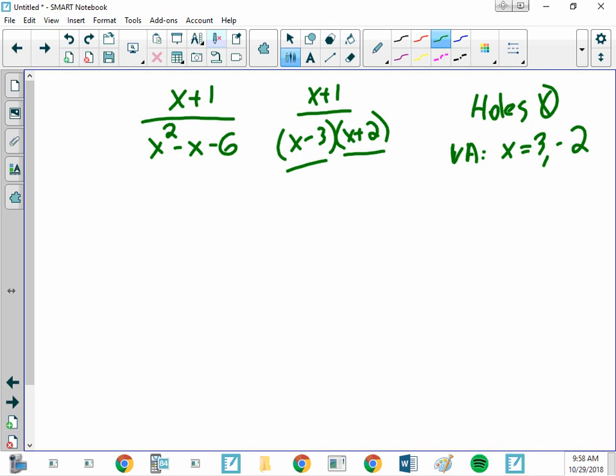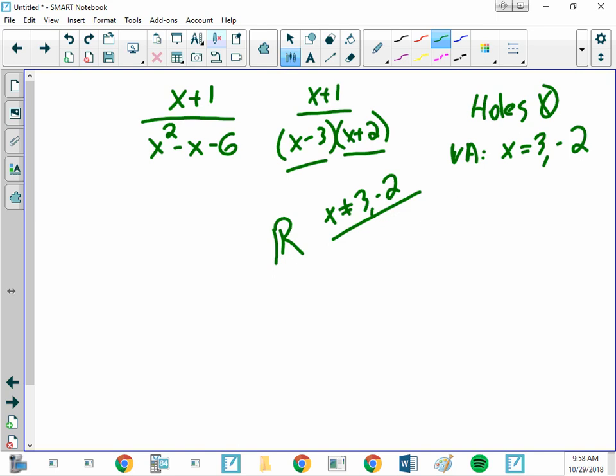How did I know both of those are VAs? They are factors of the denominator. And we know x is not allowed to be 3 or negative 2. And that's the domain, right? The domain is all real numbers, but x is not allowed to be 3 or negative 2.